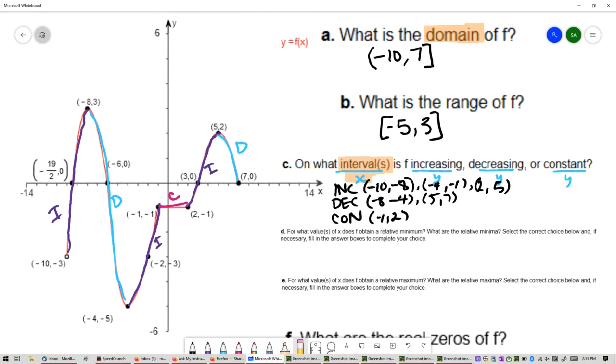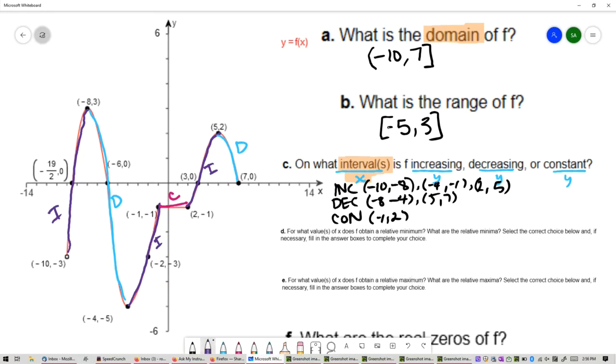So the next part says, for what values of x does f obtain a relative minimum? What are the relative minimum? And there are some different choices here that come from my math lab. We also have, in the next part, relative maximum that we're looking for as well.